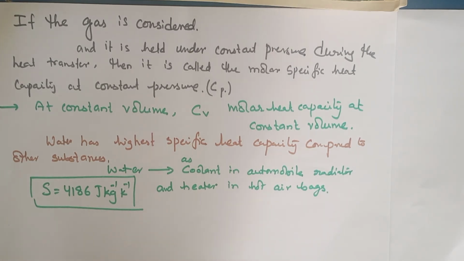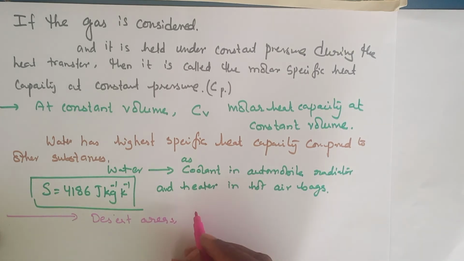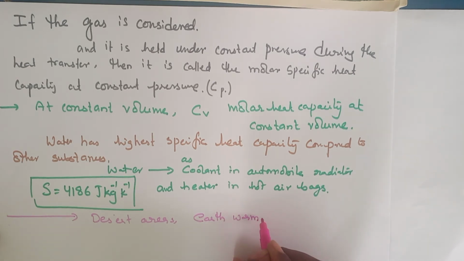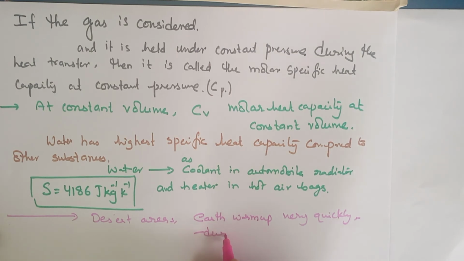This is because of the difference in specific heat capacity of the land surface compared to water. In desert areas, the earth warms up very quickly during the daytime.